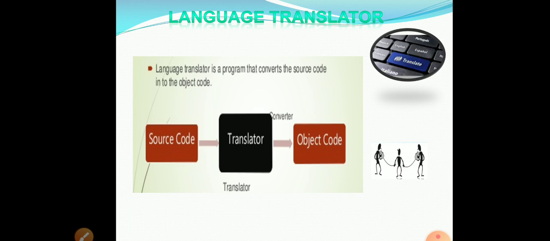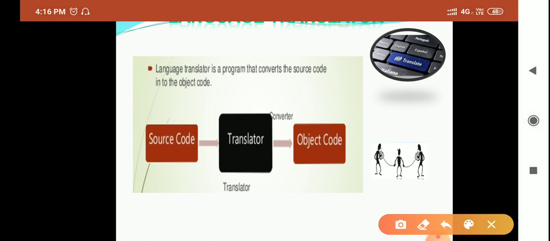So how will they communicate with each other? We can take one more person who knows both languages. He can translate one language to the other. In this way they can communicate. So the middle person is known as a translator.